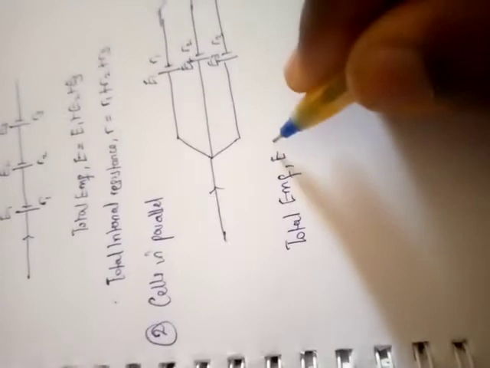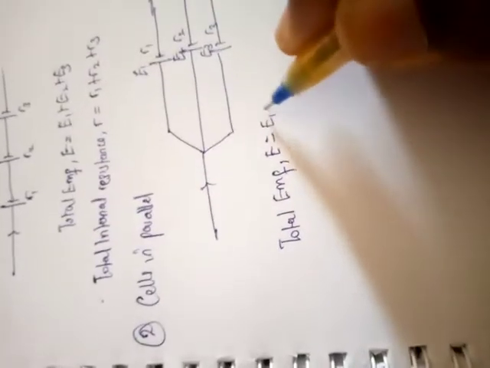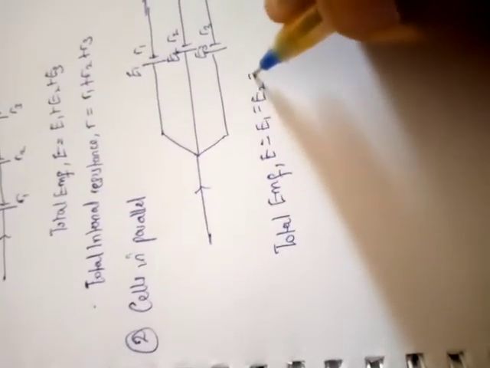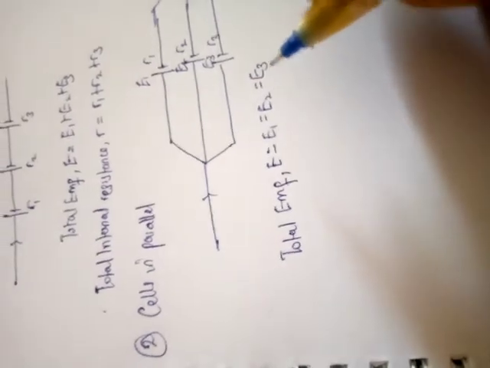We have E1 R1, E2 R2, and E3 R3. As you can see here, under cells in parallel, the total EMF E is equal to E1, equal to E2, and equal to E3.